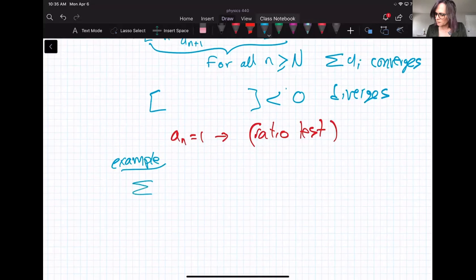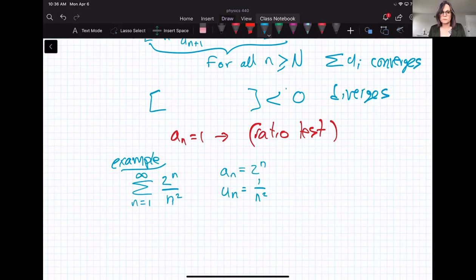The sum from n equals 1 to infinity of 2 to the n over n squared. Okay, so in this case, a sub n is 2 to the n, and u sub n is 1 over n squared. In other words, u sub n is the power law that's attached to this.